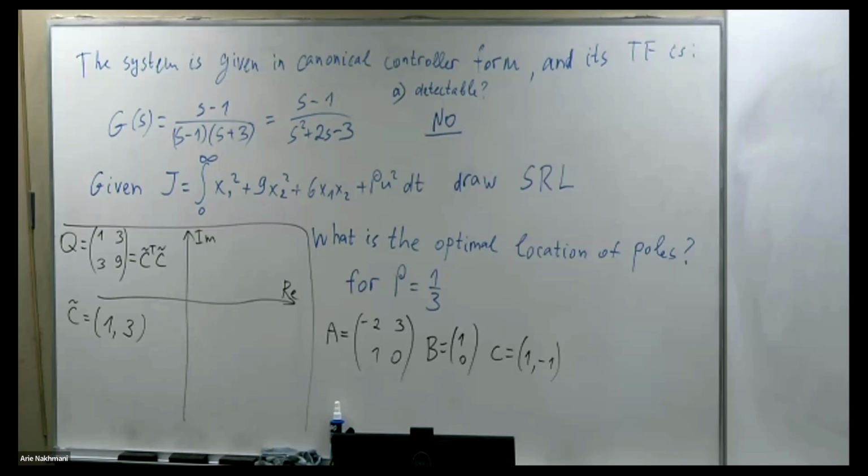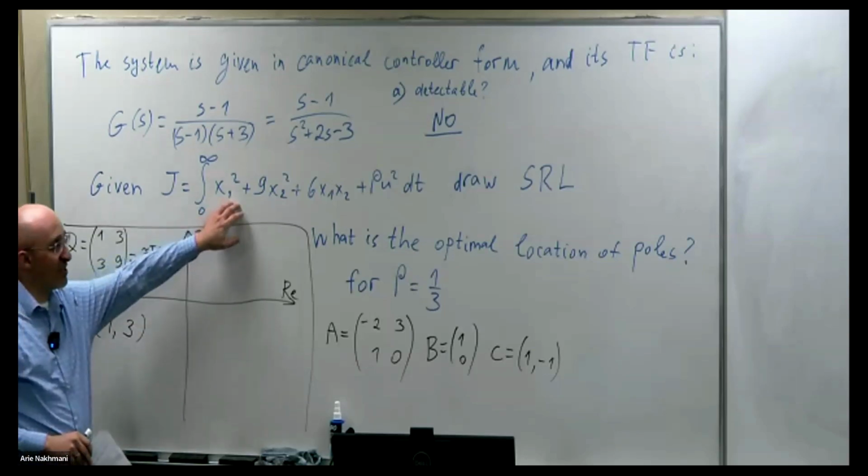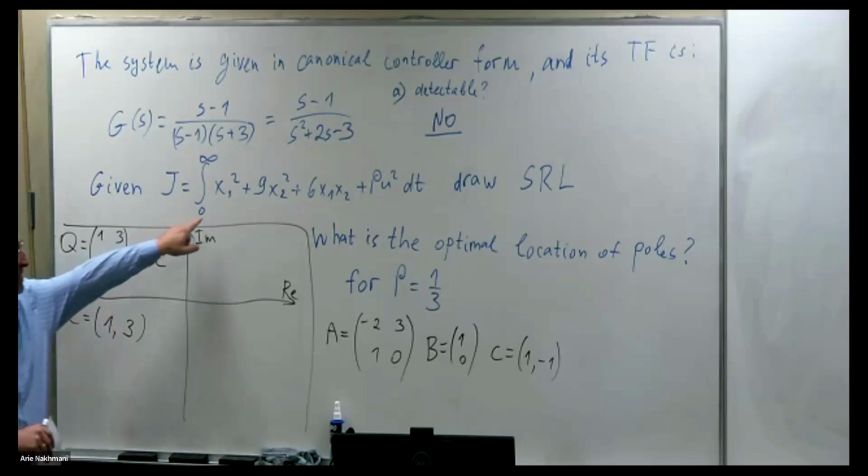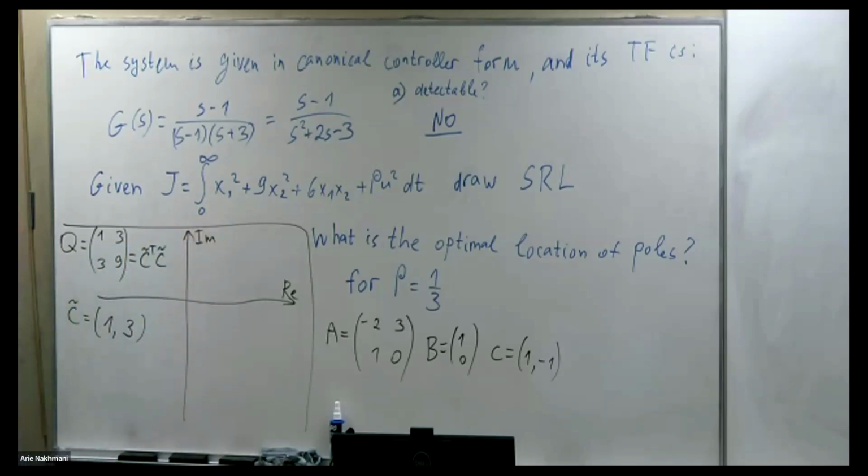This is the tricky part, to understand that you actually don't care about your C when you're designing controllers. So if you want to optimize that thing, you can optimize it for a different system, which has different zeros, based on that function C. Okay, you optimize that function using root locus, and now use the original C with that optimal controller, because C is not changing anything in optimality at all.